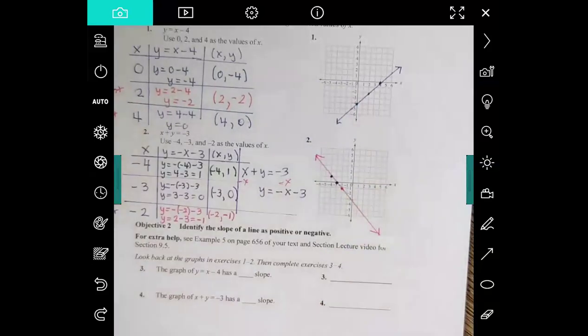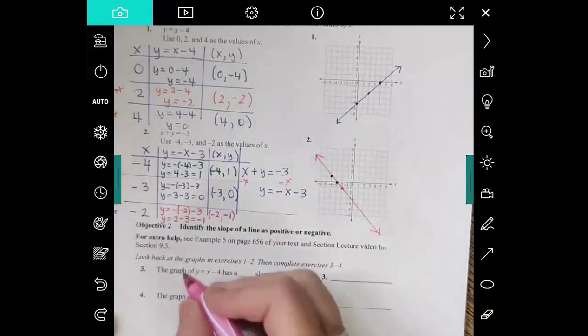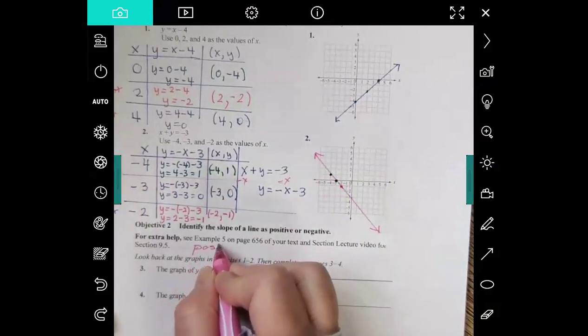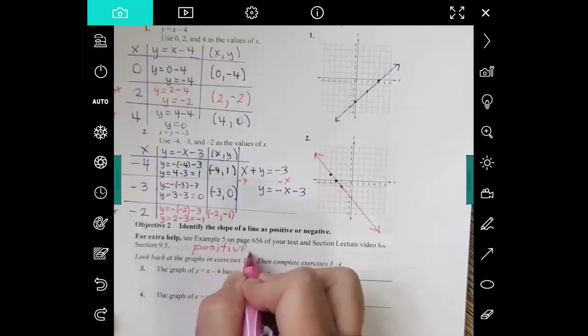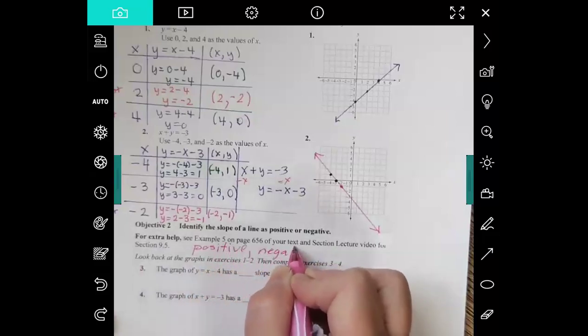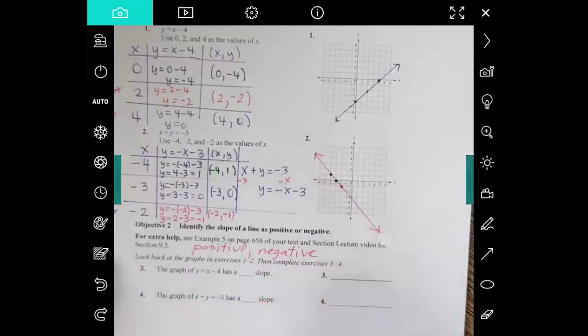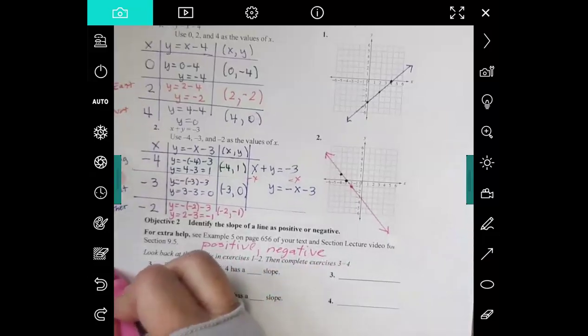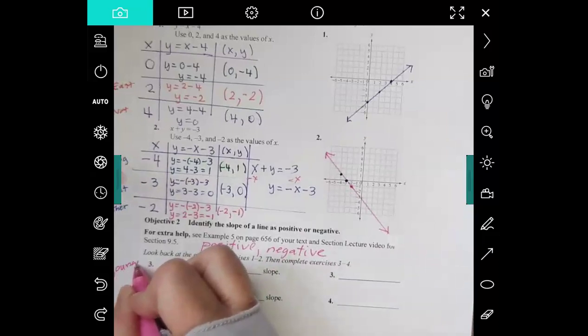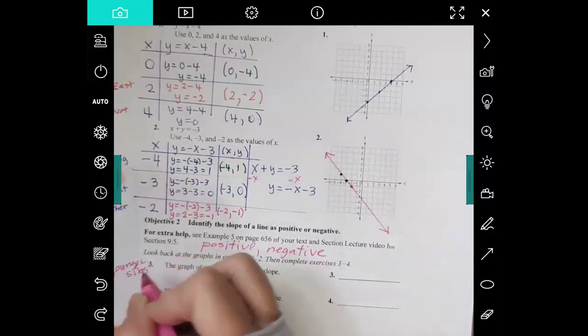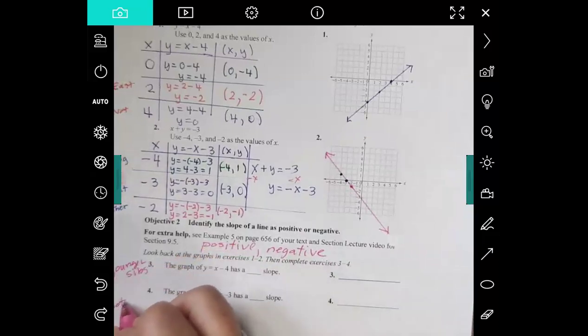Oh, I'm sorry. Getting ahead of myself. I'm glad I looked. They only want you to tell if it's positive or if it's negative. So if you have any younger sibs, do this one. If you do not have younger sibs, do this one.